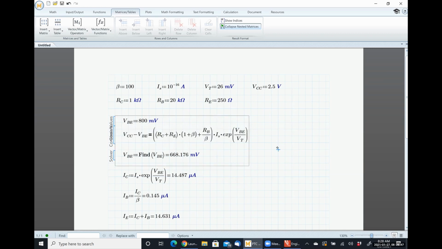Yeah. So RC plus RE times 1 plus beta plus RB over beta times IS. So the one thing I want to make sure here, that didn't change anything, okay? And find VBE. So I'm getting 668. I don't see anything wrong with my equation. Let me just use my calculator real quick and see what it gives me.